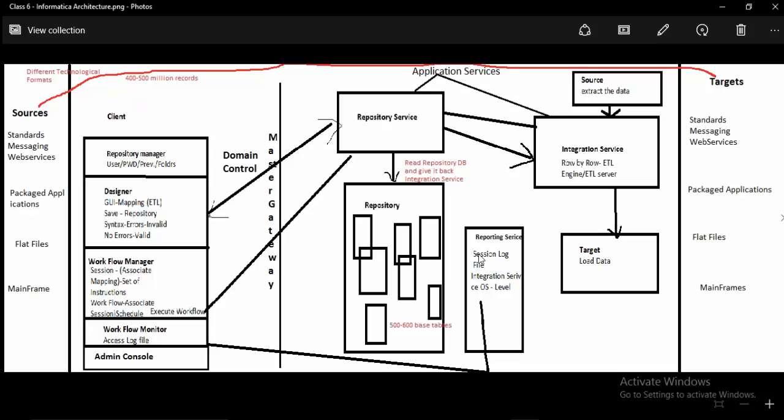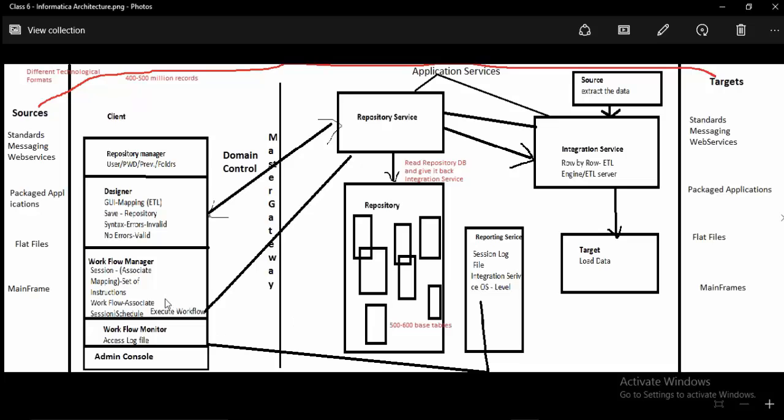Okay, so this session log file is an operating system level file. Whenever you run the job, it stores each and every transaction in your session log file. Now where does this reporting service come into picture?